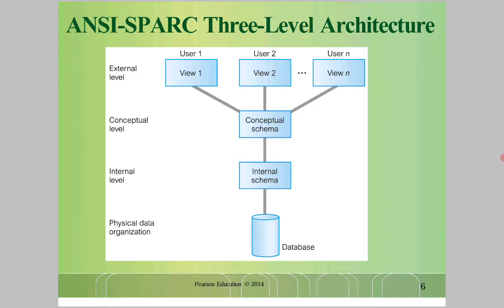At the conceptual level, we may identify various users, various procedures, various processes. Internal level, or internal schema. In the internal schema, the physical databases are represented by using tables, relationships, and fields, creating various relationships among databases, and physical data organization.